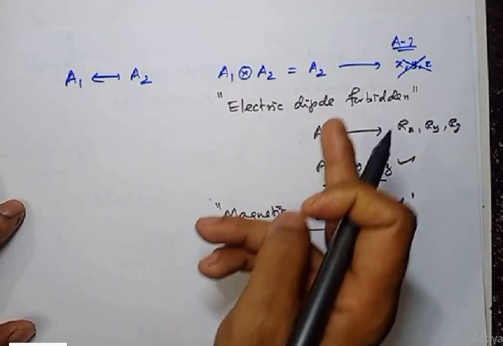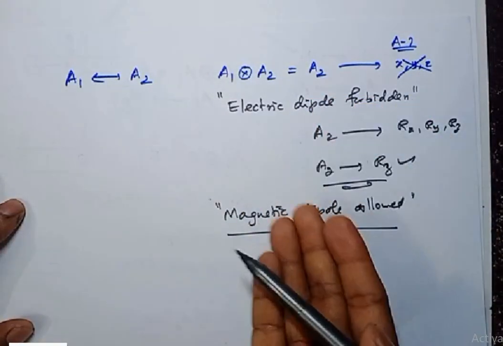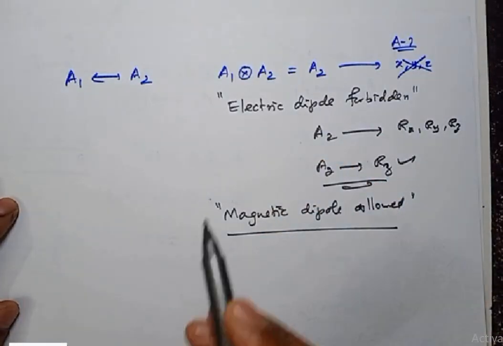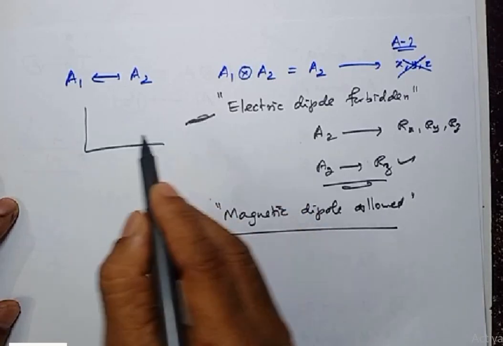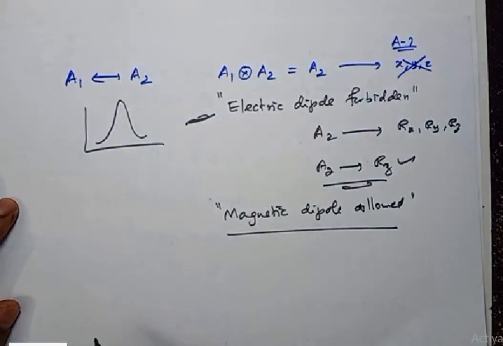A transition may be electric dipole forbidden, but the same transition may be magnetic dipole allowed. What does this indicate? Listen, if a transition is electric dipole allowed, you will get an intense peak.